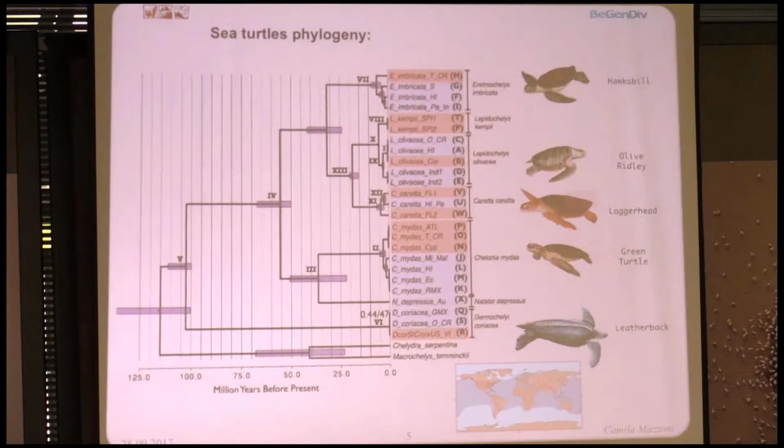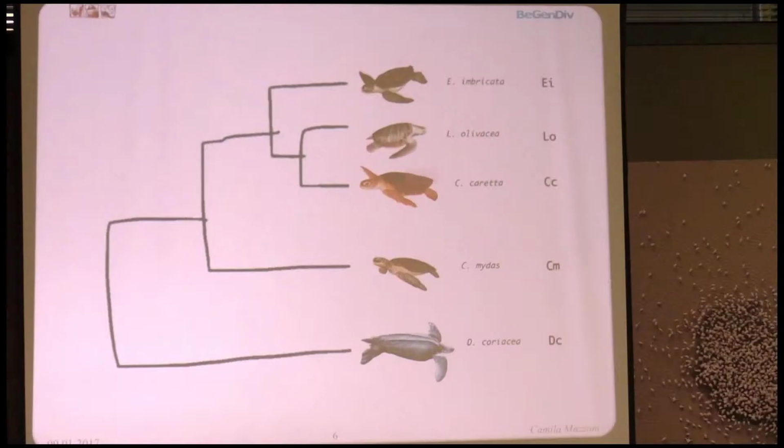This is pretty nice. And it hasn't changed much over time. Out of the 7 species, we have data for 5 of them. And apart from being representative of the phylogeny, these are the 5 species that have a worldwide distribution. So they swim in all seas and all shores.